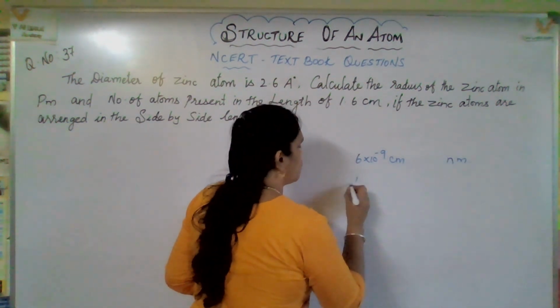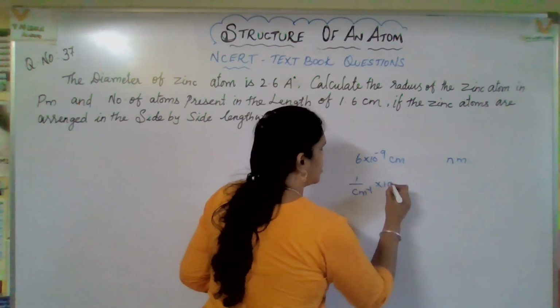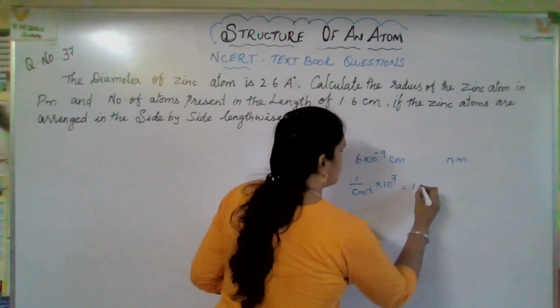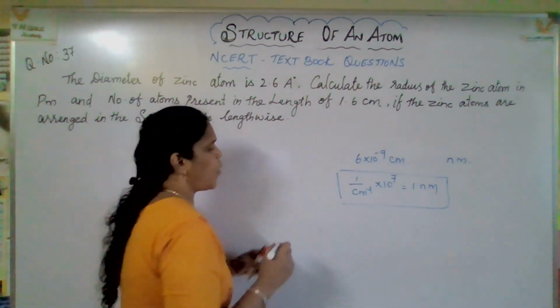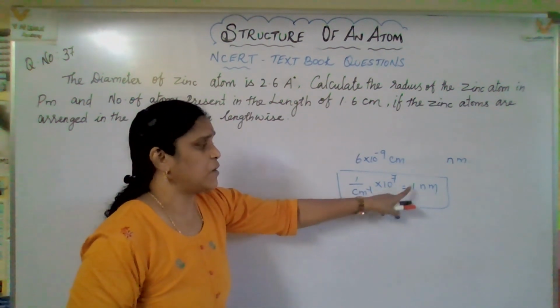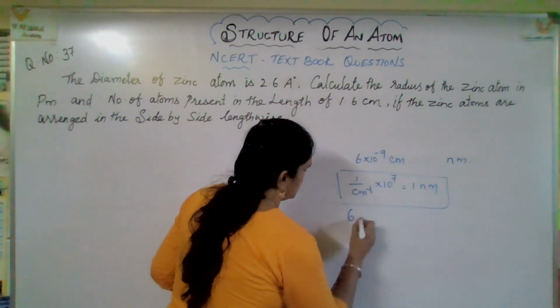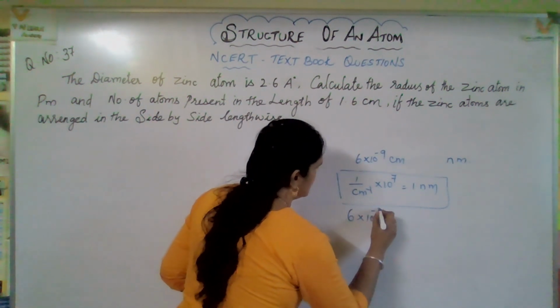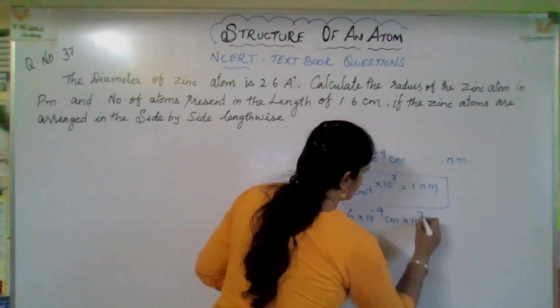So 1 centimeter inverse into 10 to the power of 7 equal to 1 nanometer. This is one formula. Let us apply this equation: 6 into 10 to the power of minus 9 centimeter into 10 to the power of 7.